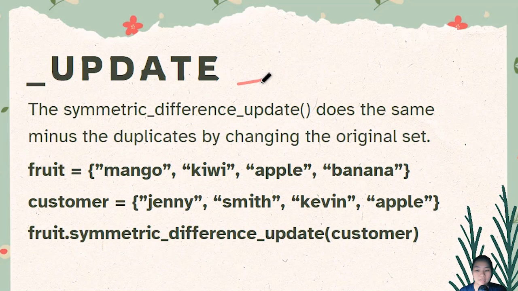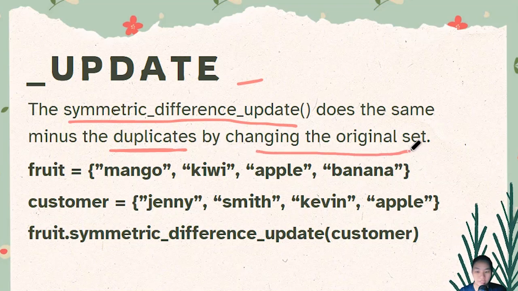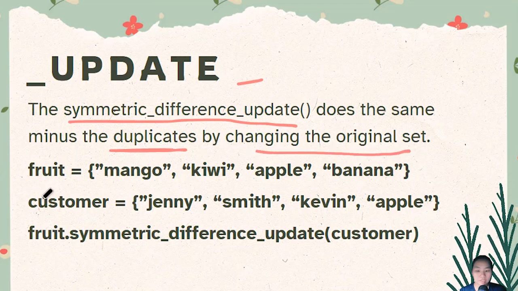Last but not least, the symmetric difference update method. It's a very long name, okay? It does the same minus the duplicates. So the keyword is duplicate, and it changes the original set. Once again, I have fruit and I have customer.